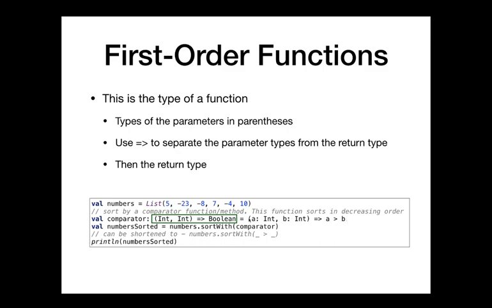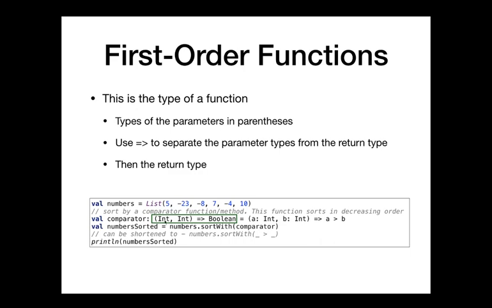So the function itself is a value, and we can store it in a variable of the type of that function, and the type of a function needs to specify the types of its parameter list and its return type.